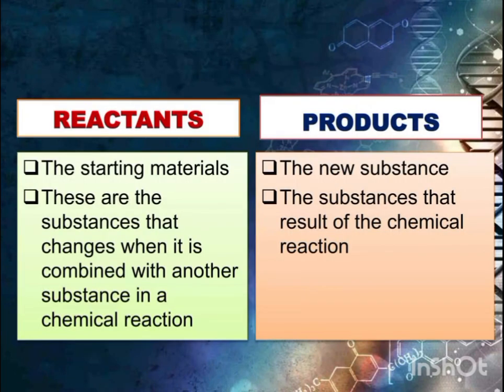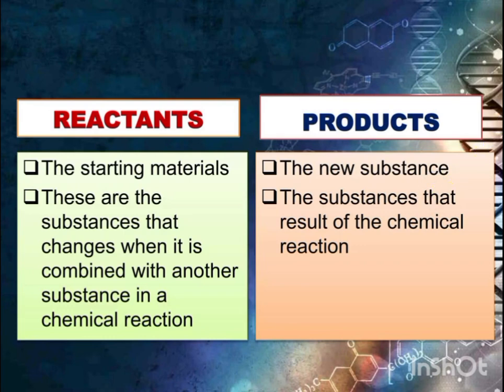Now you can see the difference between the two. The reactants are the starting materials through which the reaction starts, while the products are the new substances formed during a chemical reaction.